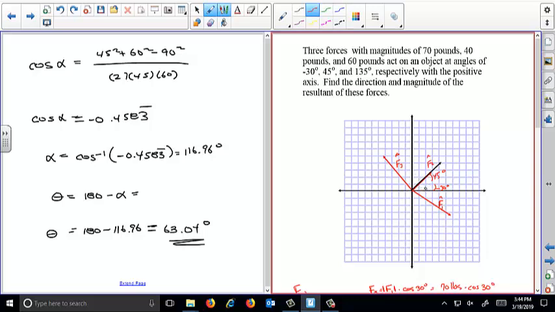If we go counterclockwise around this axis, this one's 45 degrees, this one here is 135 degrees. And if we go all the way around, you can either say that's negative 30 or positive 330. So we've got three angles.